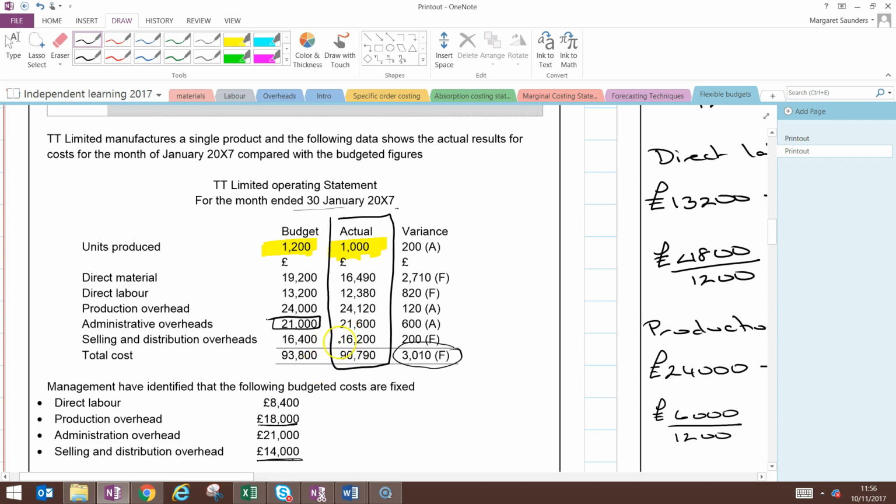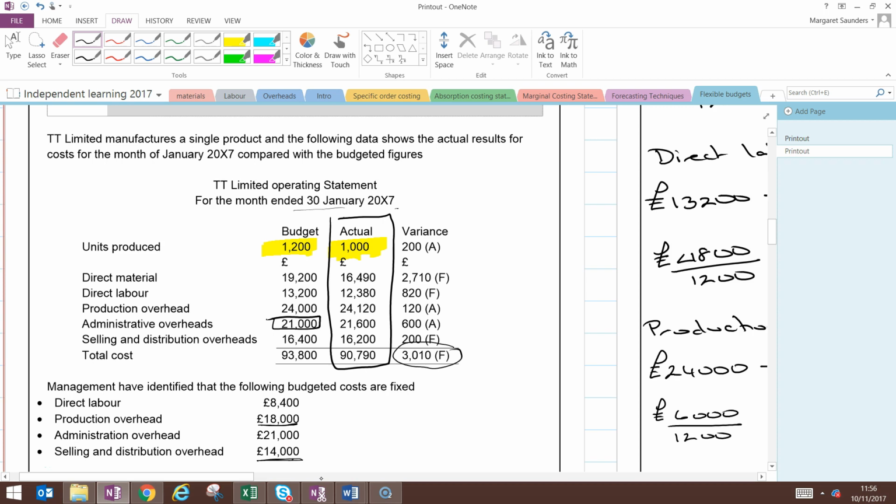Now this is because we were not comparing like with like. The actual was 1,000 units and the budget was 1,200. So if we've produced less units than we budgeted for, we would expect our costs to be less.